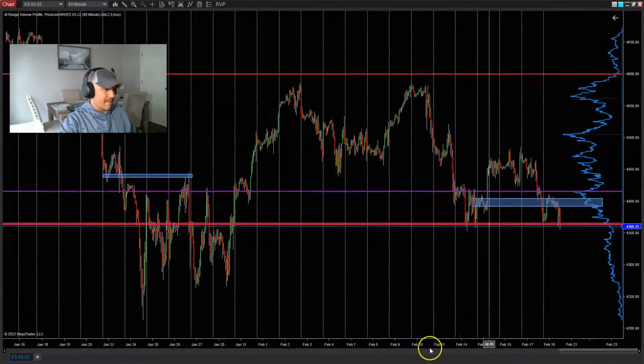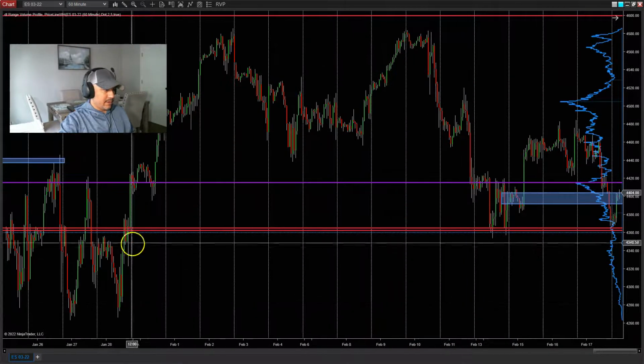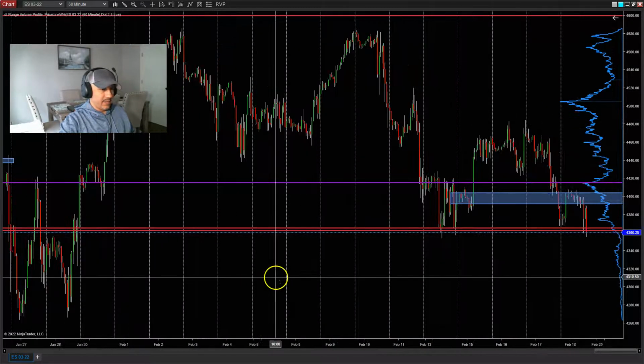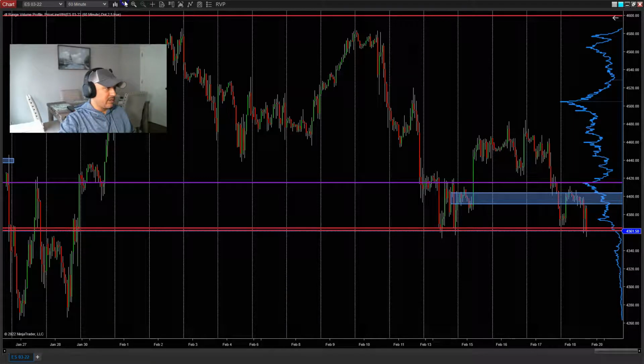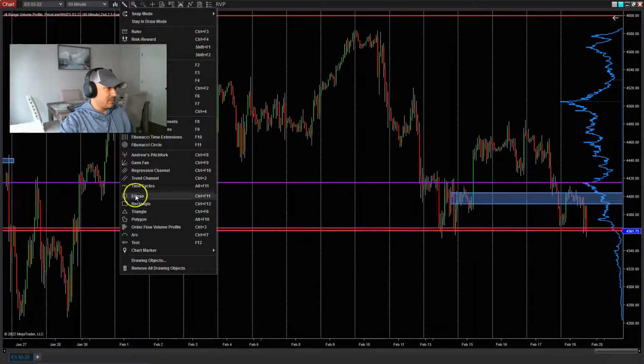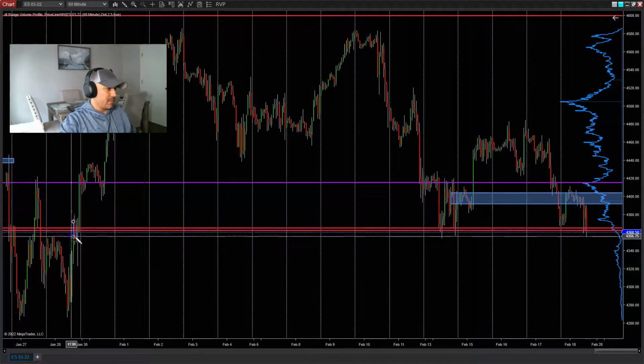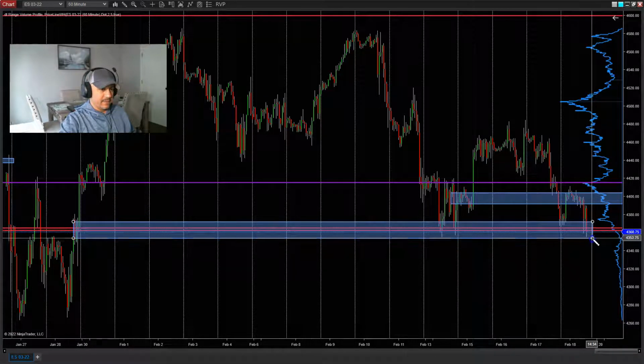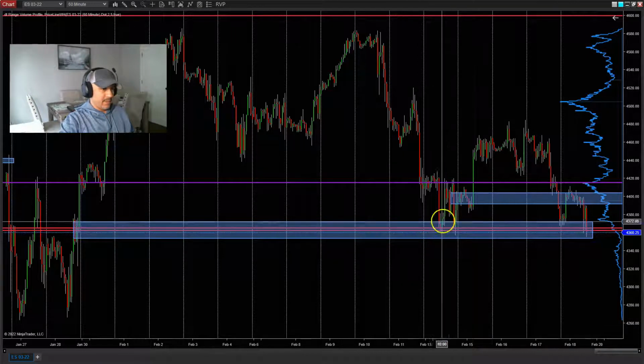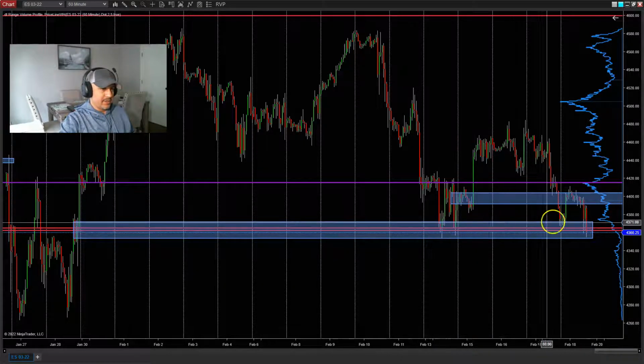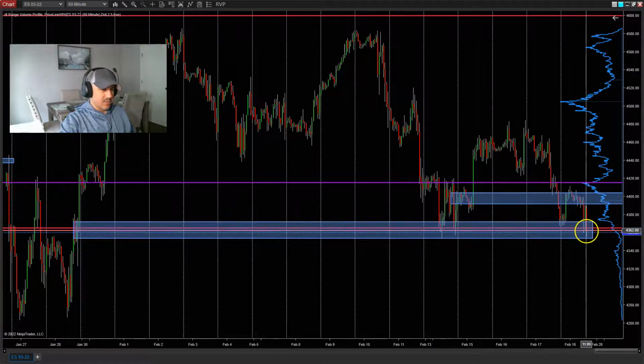All right, the 1 hour, area of demand right here. You can see price hitting on it several times. This area right here, I showed us earlier, and then again this morning.